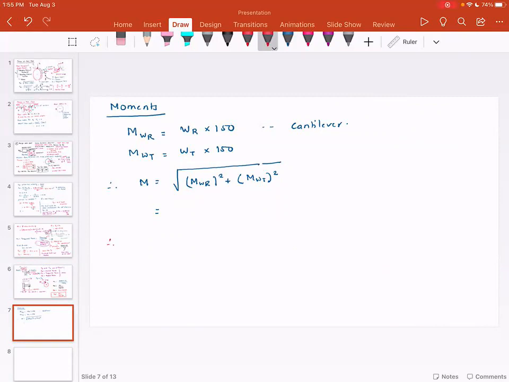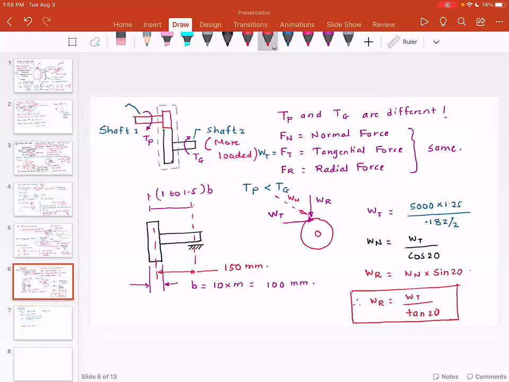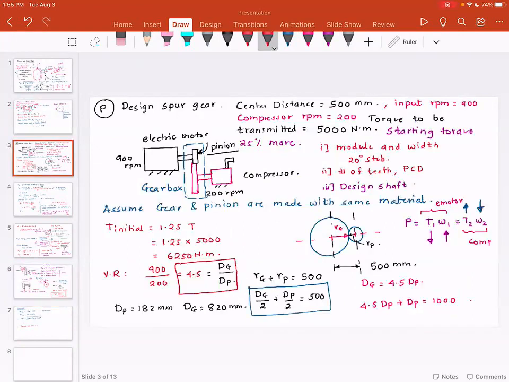Then you know the value of torque. Now here a word of caution. So this is the torque on gear. What you need to do is find out the value of the torque on the gear, and the torque on the gear is 5,000 times 1.25 divided by 1.25.